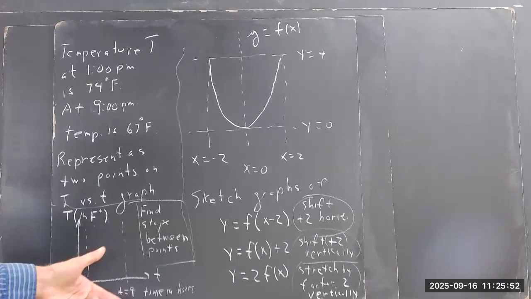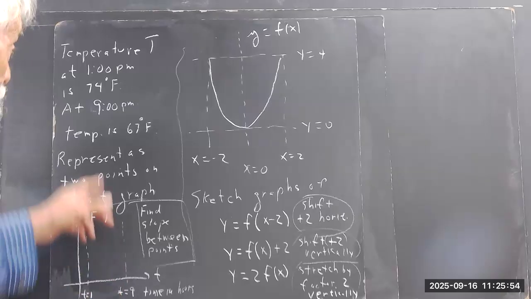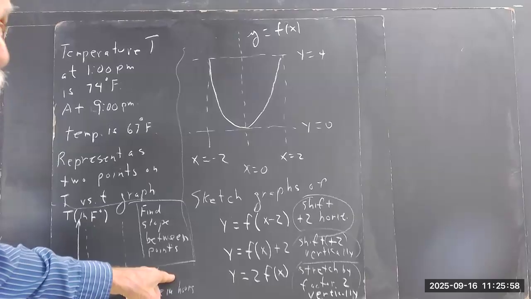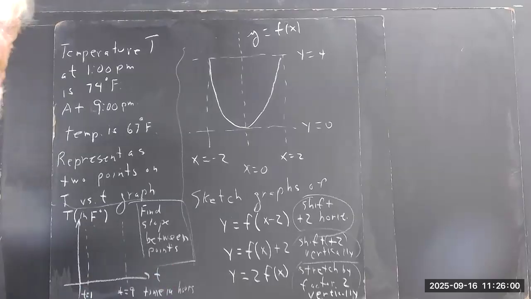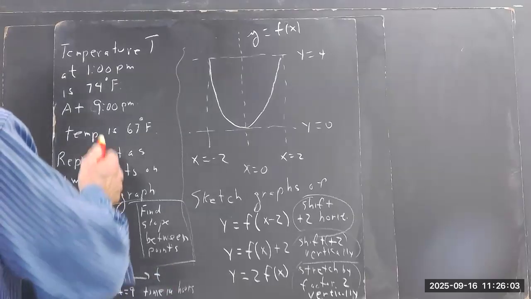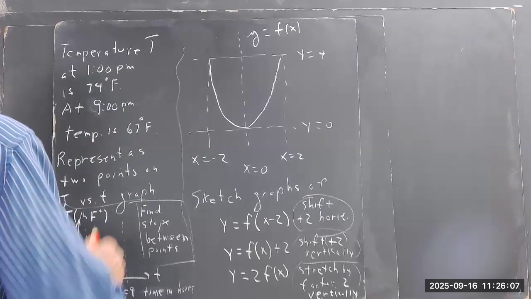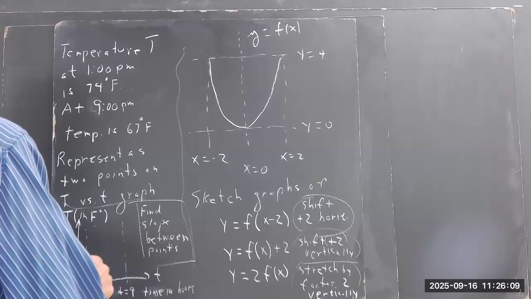Those are 2 times. You put those on a graph. And t equals 1, t equals 9 correspond to vertical lines because t is your coordinate down here. Then you put your information here. Temperature is 74, temperature is 67.